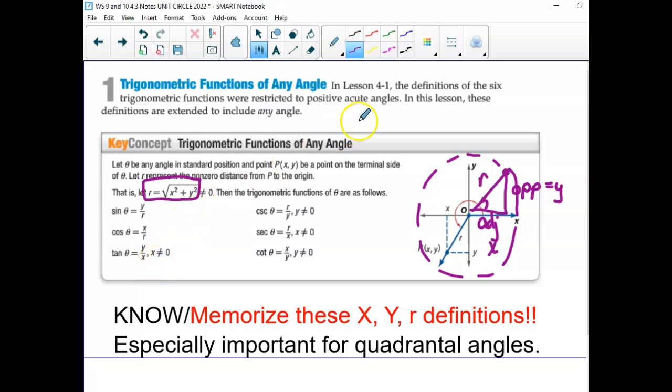The most important thing right now is to remember that cosine is x and sine is y. You also need to know tangent is y over x, not x over y.